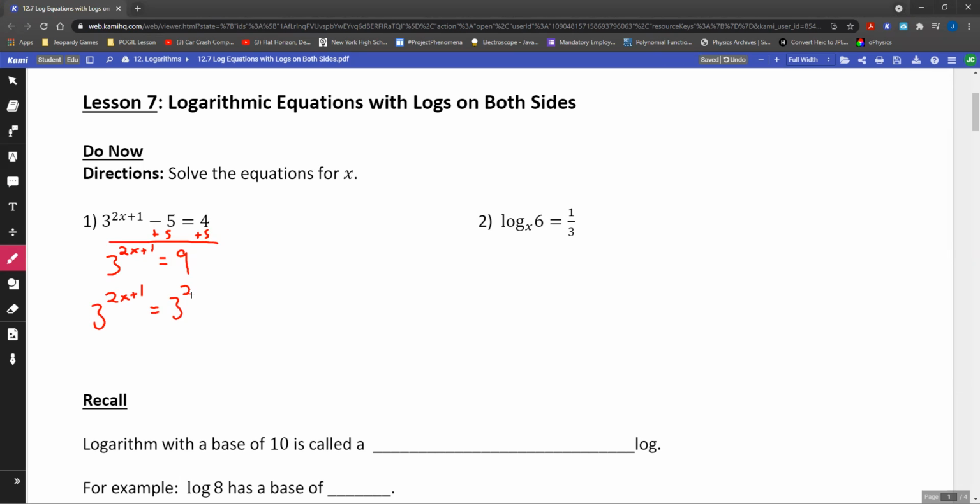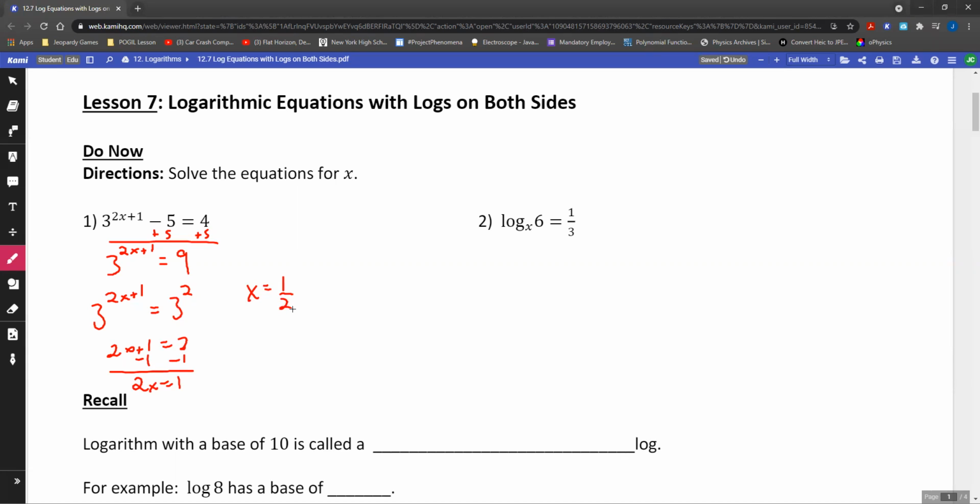And from here, I'm going to just set the exponents equal to each other. So 2x plus 1 equals 2. Subtract the 1 over. 2x equals 1. And we get x equals 1/2.